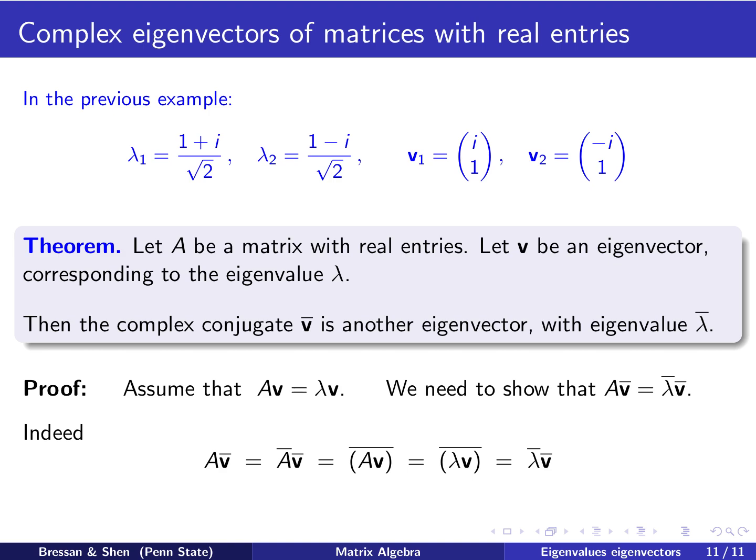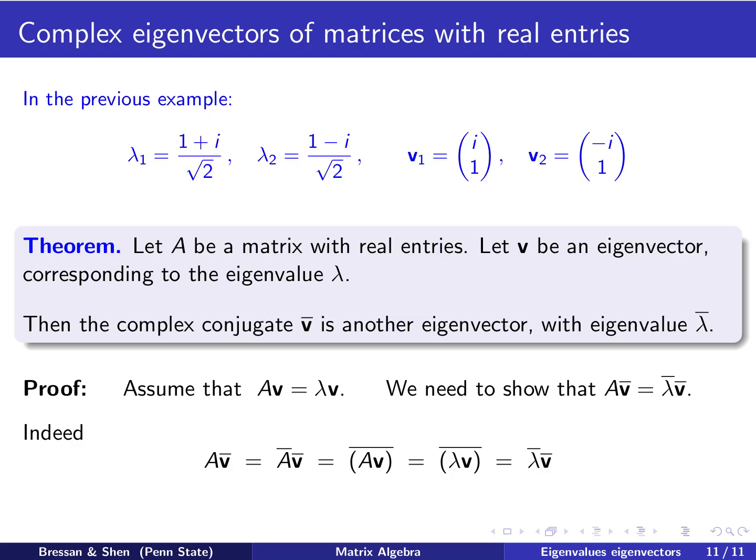And now we use the property that v is an eigenvector. So A times v is just lambda times v. So we have that, and then the conjugate we copy. And now we again use the property of the conjugate of the product, which is the product of the conjugates. So we will have lambda conjugate times v conjugate, which is exactly the right hand side. Therefore, we completed the proof.